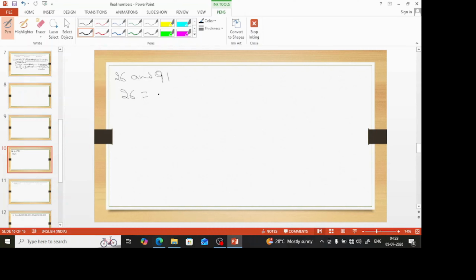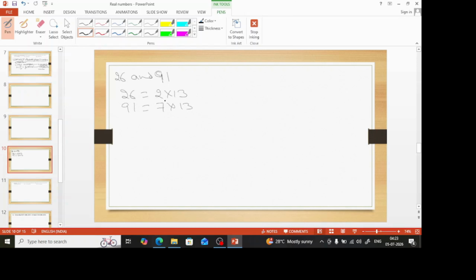The prime factors of 26 are 2 and 13. We have done prime factors just now in our first question, so we know how to make them. Now 91. Prime factors of 91 are 7 and 13.